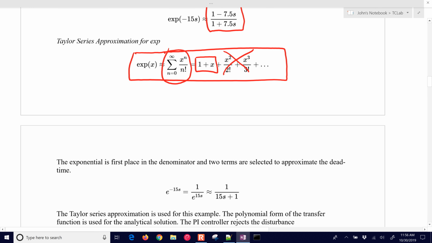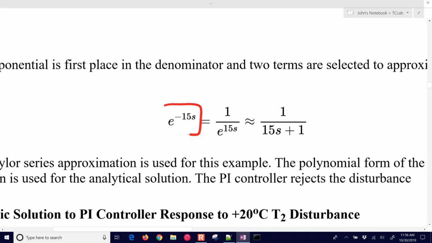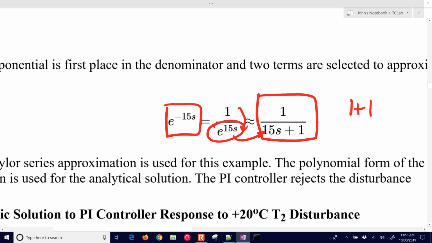Alright, so I'm going to take my exponential term. I have 15 seconds of time delay, and I'm just going to put that into the denominator. The negative goes away, and then I'll do the Taylor series approximation just for this, which equals 1 plus 15 times s, or this in time constant form.